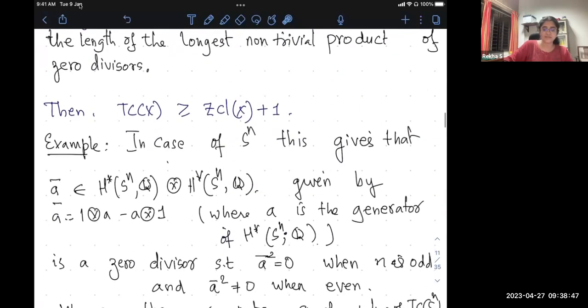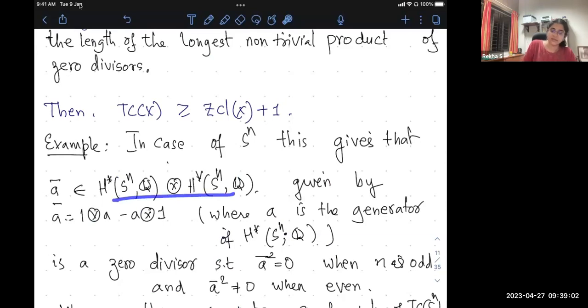So in the case of Sn, one can look at the cohomology of Sn. As a graded algebra, it's just generated by one element, and we get a non-zero element in H star.